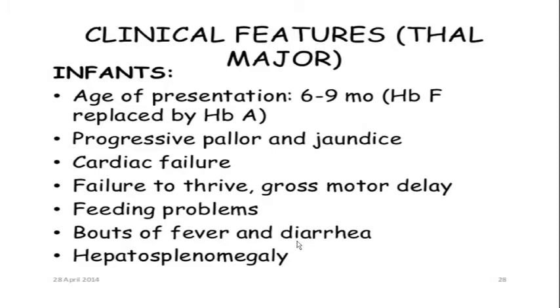There will be progressive pallor and jaundice and cardiac failure as early as 1 year of the infant's life. The infant can present with cardiac failure or failure to thrive, gross motor delay, feeding problems, bouts of fever and diarrhea, and hepatosplenomegaly.